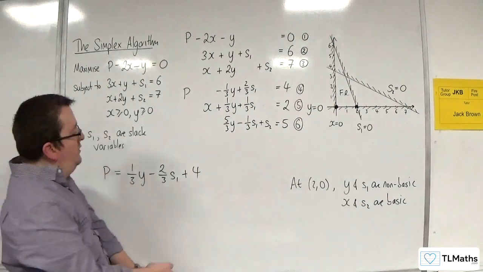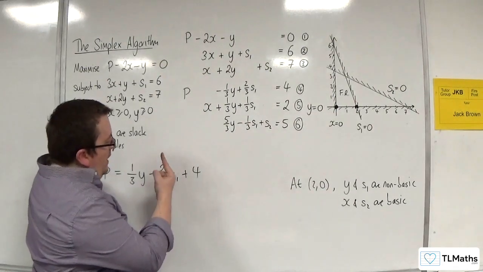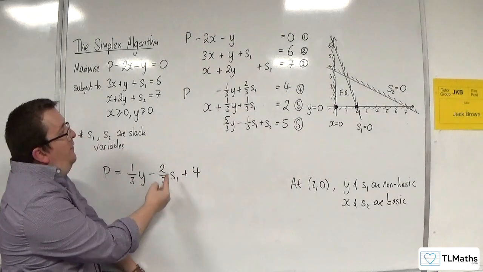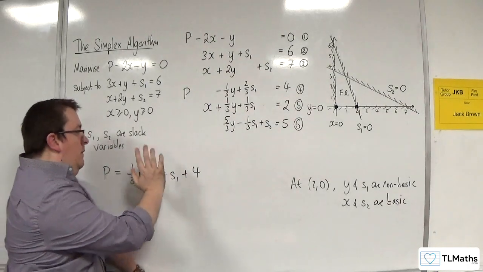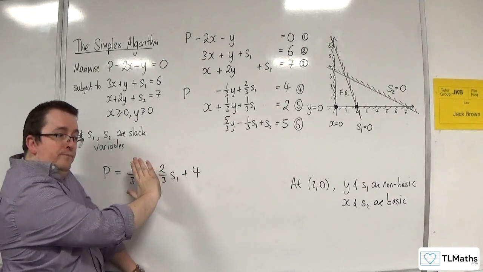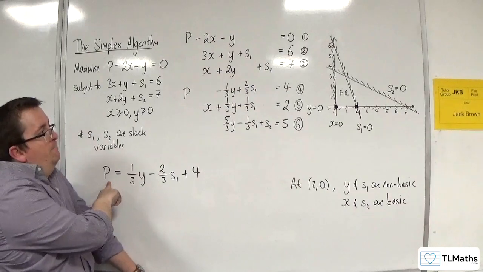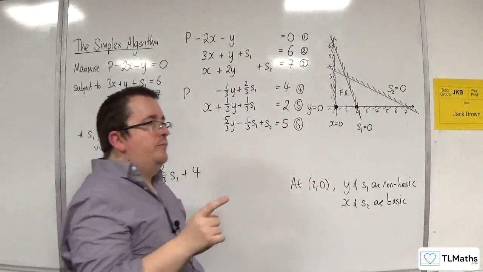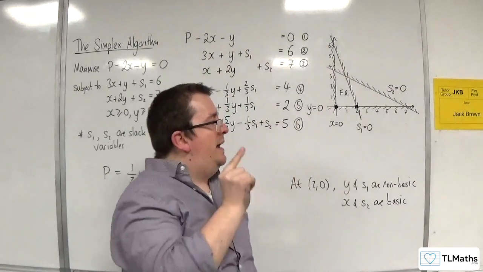So essentially what I want to do is make sure that S1 remains 0. If I can make S1 0, then I can increase the y and it will increase my profit, increase my P. Okay? Right. So I want to keep S1 as 0.